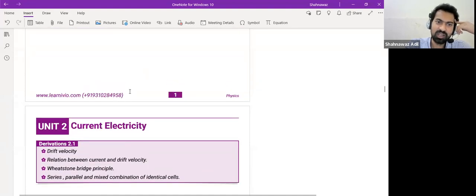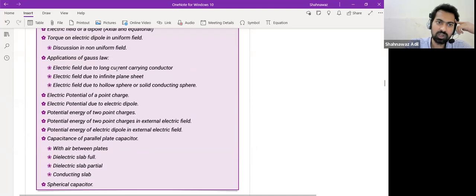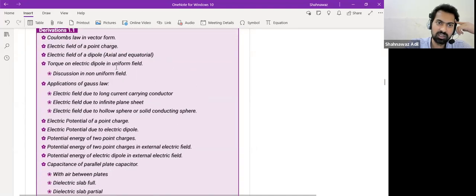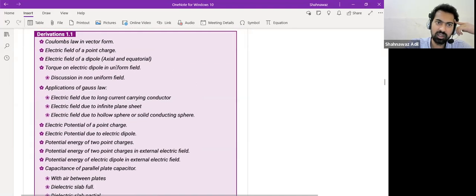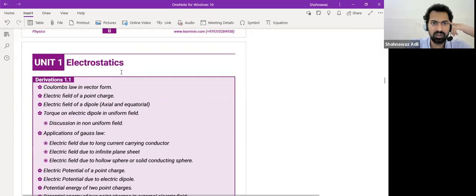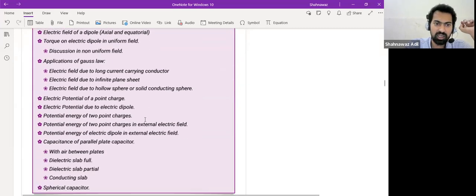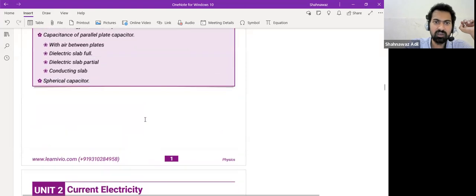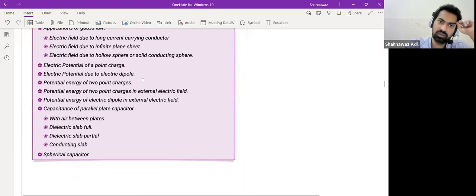I will make notes of these derivations, and then you go through them. We will do this properly in our class after 4 June. I will also send you some questions, so please do those too.